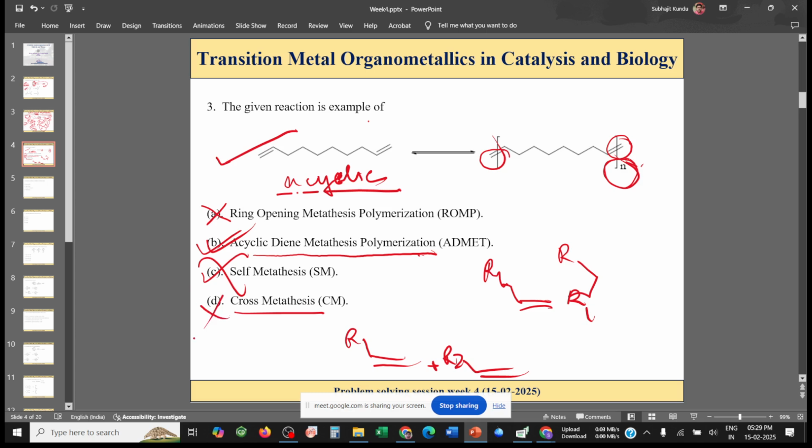So simply by eliminating the options, even if you forget the types, if you just have an idea of the different types of reaction in metathesis chemistry, you will get your answer.